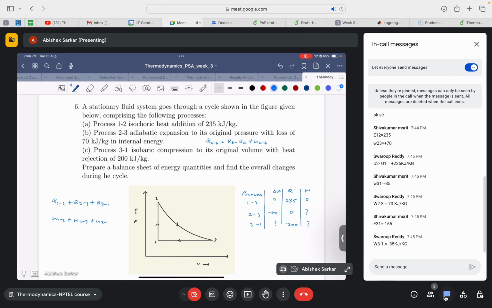Just check it, because the entire table is completely filled now, so it should be a simple task, right? So let me just see your answers and fill the table.